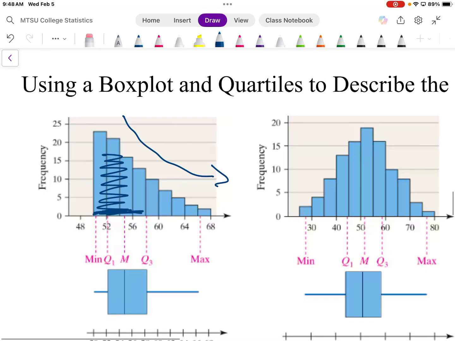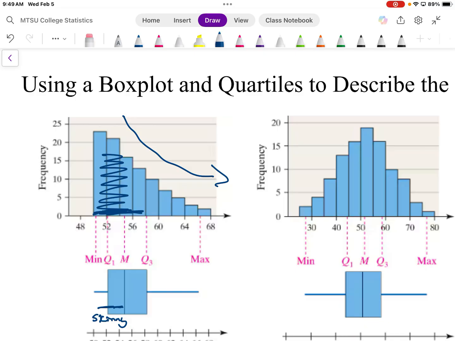When we look at our box plot, we should see a bigger tail, with the right-hand whisker going from Q3 out to the max. We also should see, in this case, the skinnier part, notice how we're kind of skinny in this area here. The skinnier a whisker or part of a box is, that means there's more data in it. The wider a box is and the longer a whisker is, that means it's more spread out. There's more variance in that portion.